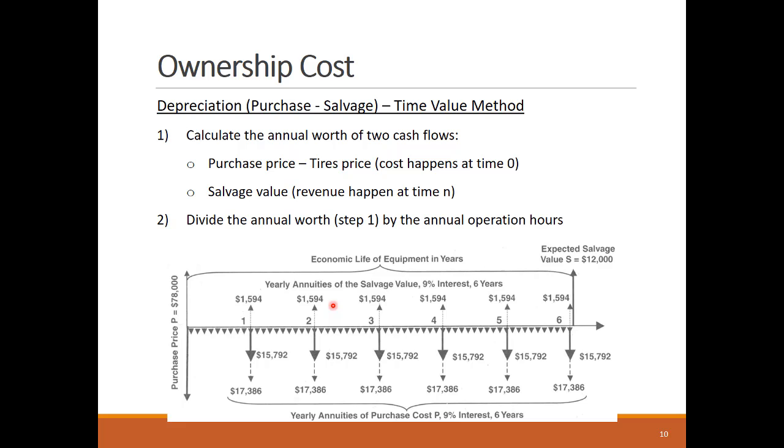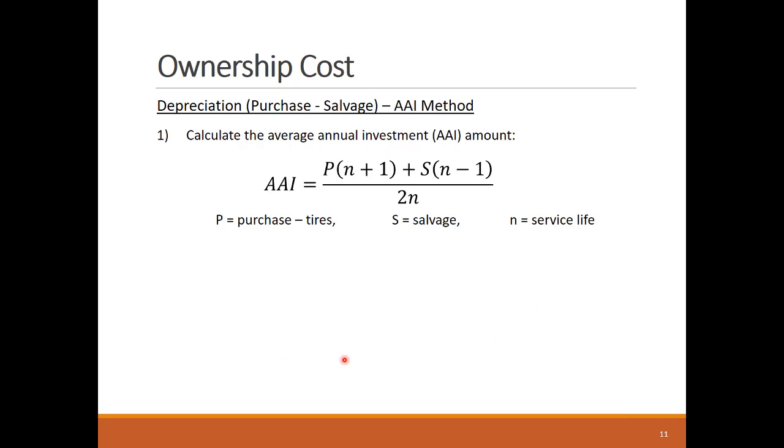As such, the annual net depreciation cost will be the difference between these two annual values, $15,792. This value can then be divided by the annual operation hours to get the hourly depreciation expense.